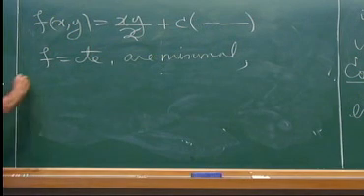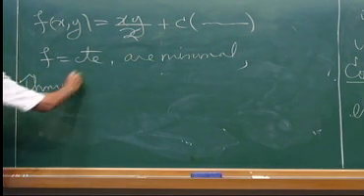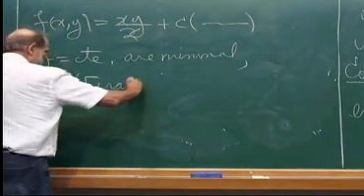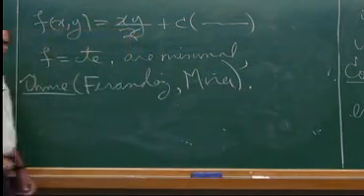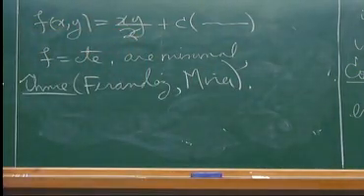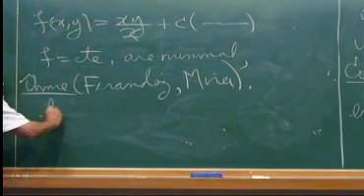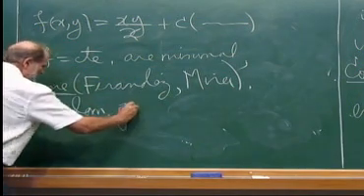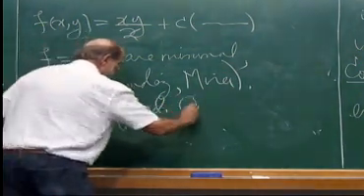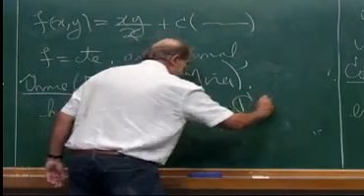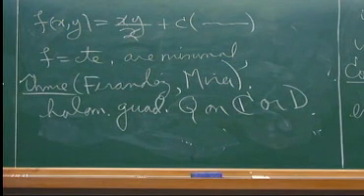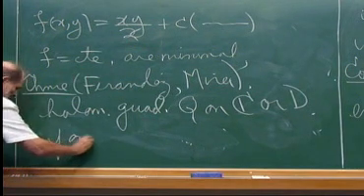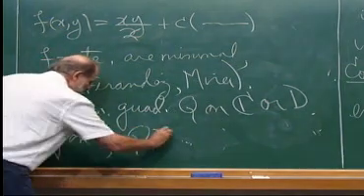And the theorem of Fernandez and Mira is the following. Consider holomorphic quadratic differentials Q on C or the open unit disk, with one exception: if on C, don't look at Q identically 0.